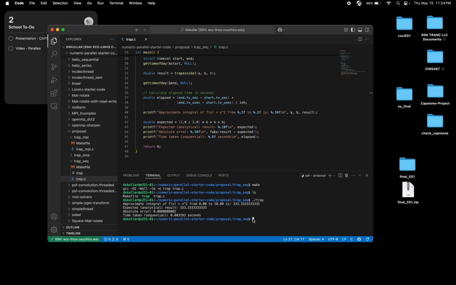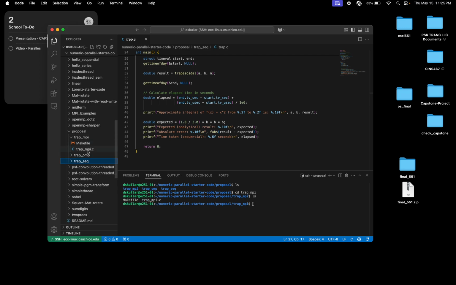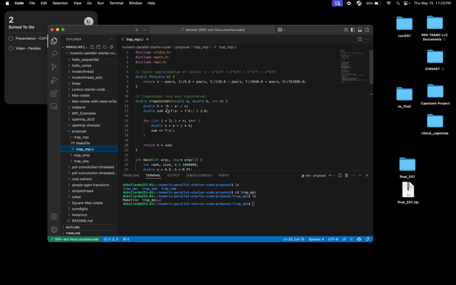Let's move on to our MPI version. Here is our MPI code.